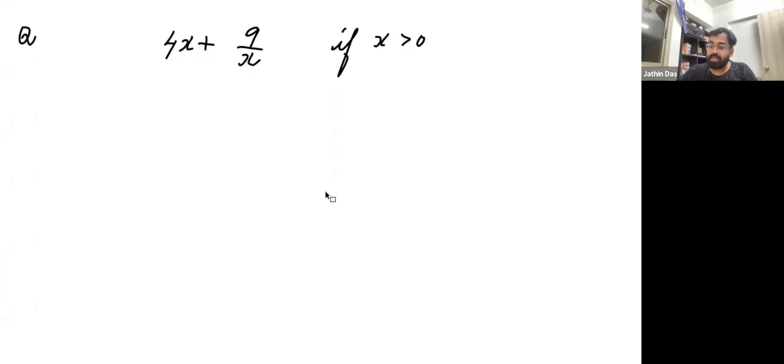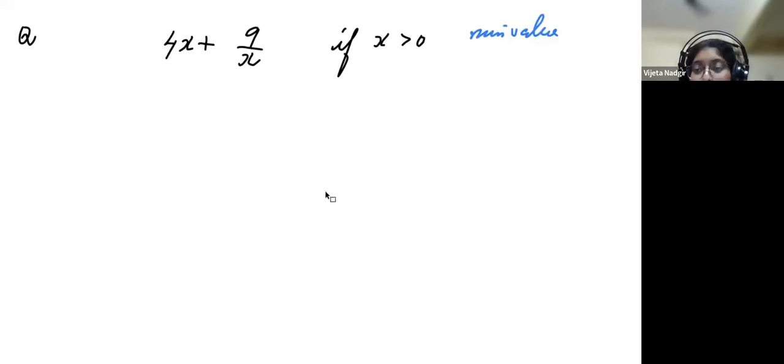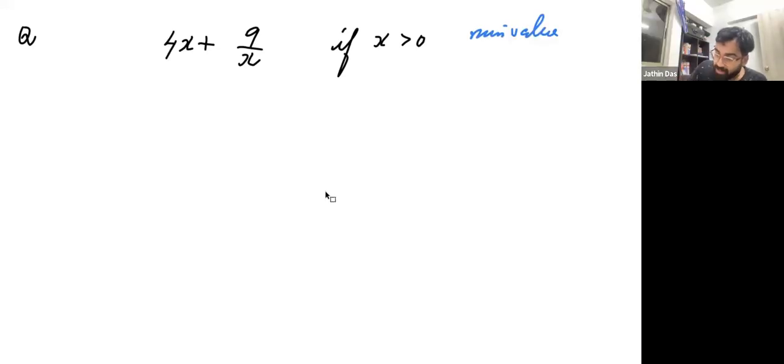One question I'll show you, then one similar one you'll do, and then we'll go into trigonometry of the same fashion. 4x plus 9 by x if x is greater than 0. Now you see, x is greater than 0, and they're asking the minimum value of this function. So you have to always think, find its square root. So easy. 2 root x minus, always put minus.